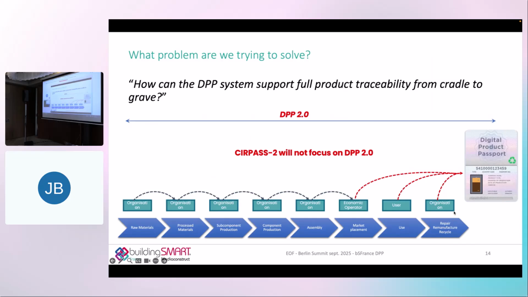So there's a project called Surpass2, which has been funded by Europe, on which we have a few companies. Schneider Electric is working on it. We have some of our friends in buildingSMART working on it. I'm sorry, I forgot the name. I'm getting old.